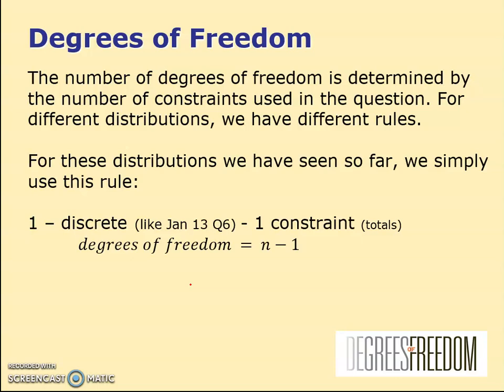That constraint is commonly called totals. If they were meant to add up to 120, once I've chosen the first 4, the 5th one's kind of already chosen because it has to add up to 120. That is why we consider this to have 1 less degree of freedom than the number of categories. So you're going to do n-1 degrees of freedom every time.